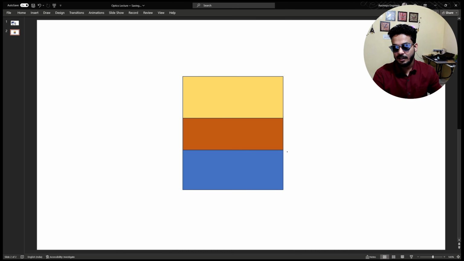Let's say this slab is of thickness d1, this is thickness d2, and this is of thickness d3. And let's say we keep something at the bottom of this slab, and let's say this is mu1, this is mu2, and this is mu3.